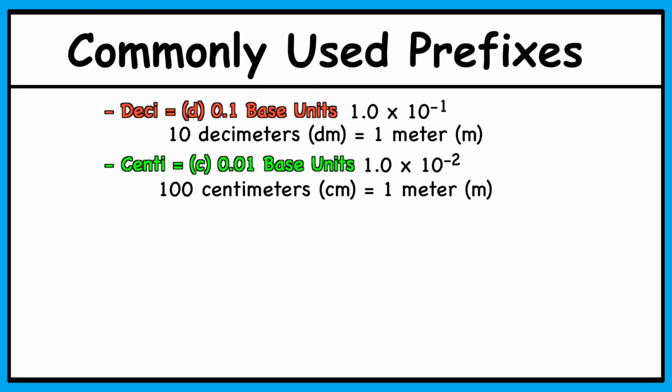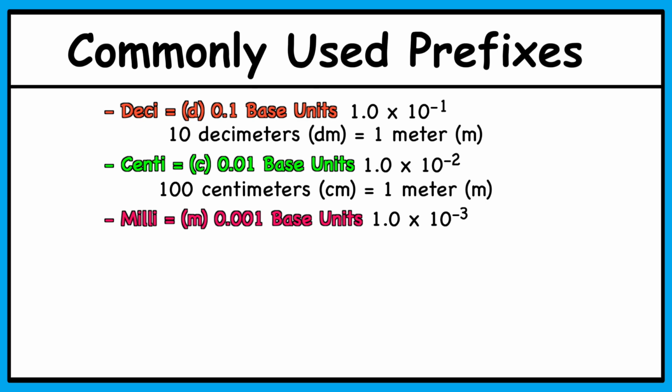Now we go down to milli with a lowercase m. This is our next smallest one, and it represents 0.001 base units. This is also equivalent to 1/1000th of a base unit, or 1 times 10 to the negative third power. In other words, it takes 1,000 milligrams to equal 1 gram, which is our base unit.